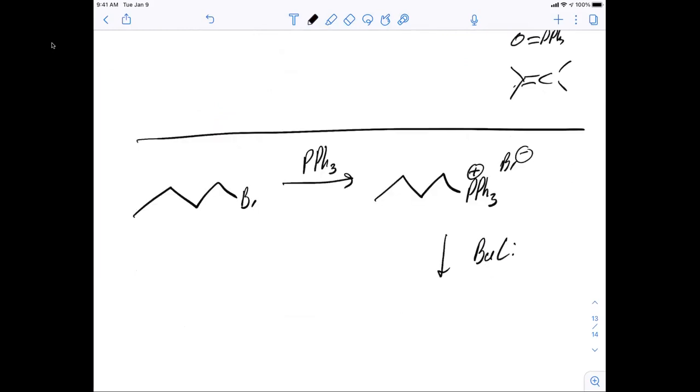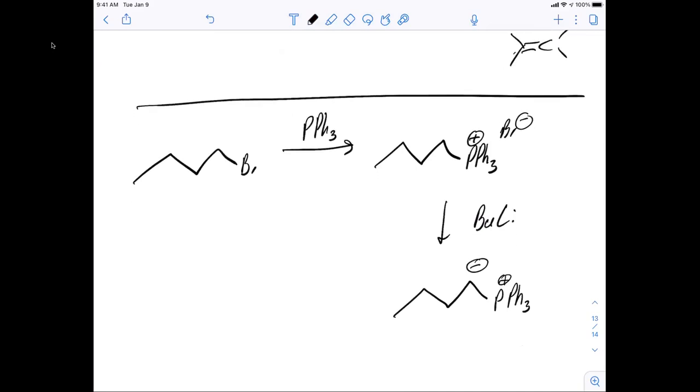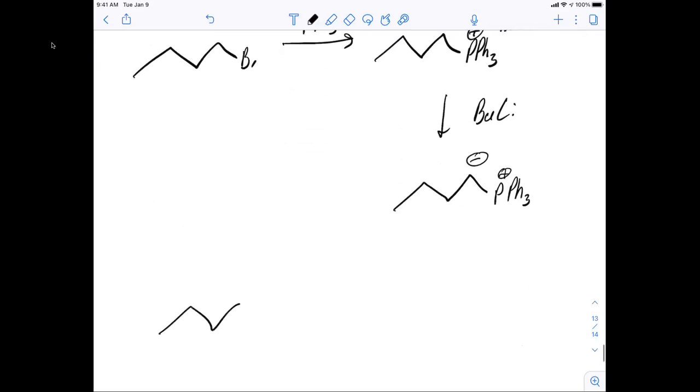The butyl lithium is going to pull off the hydrogen to give us the ylide. Then once we have the ylide, we can have the ylide react.